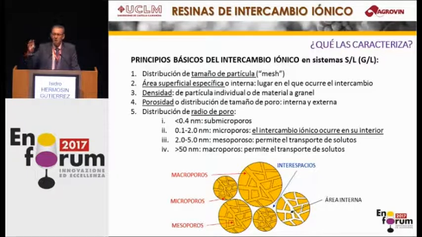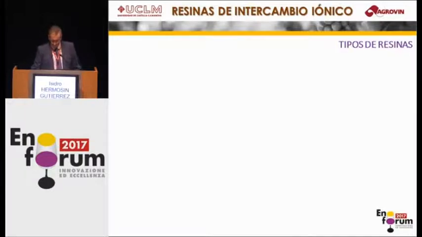If the pore is too large, then the ion we are interested in and want to capture can go through the channel and does not interact with the functional group. A similar phenomenon happens with mesopores, medium-sized pores. There you have more possibilities of interaction, but it is in micropores that you have contact between the functional groups and dissolved ions. So the functional groups will remove the ions.